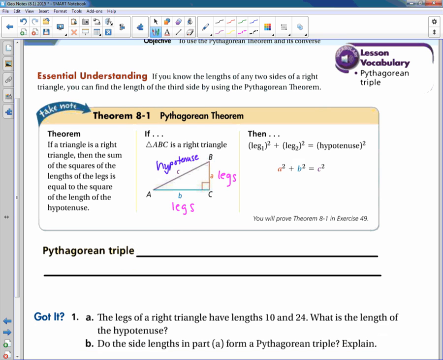There's another term that we need to talk about, and that's the Pythagorean triple. A Pythagorean triple is three whole, non-zero numbers that satisfy this particular equation.